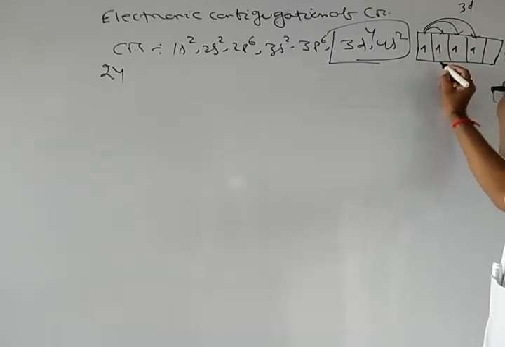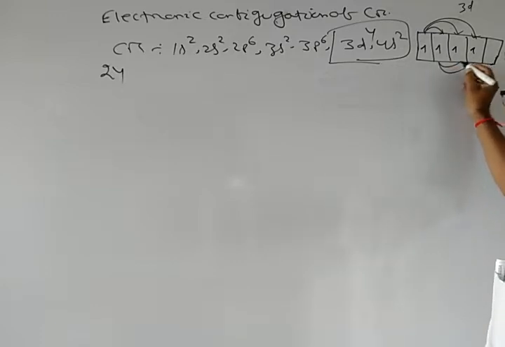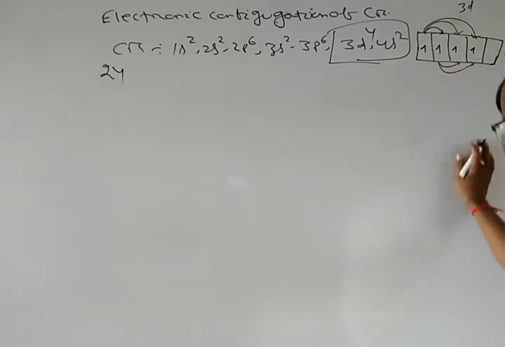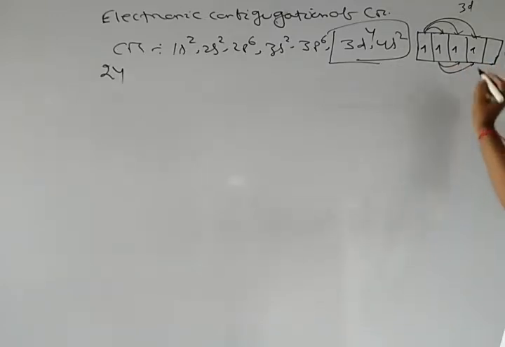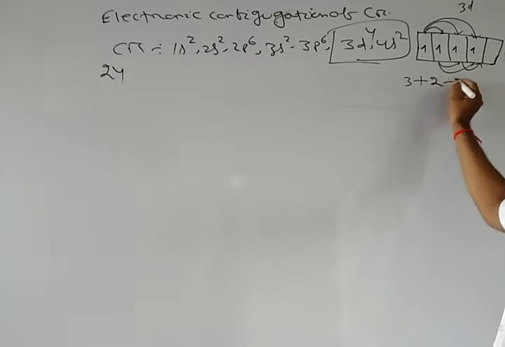Similarly, this one can come to this one, can come to this one: 2 exchanges. Similarly, this one can come to this one: 1. That means 3 plus 2 plus 1 equals 6 exchanges can be possible.